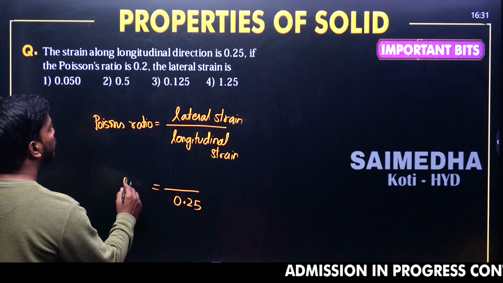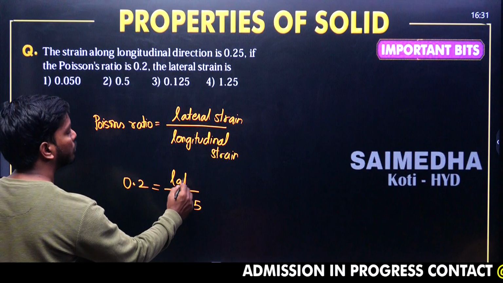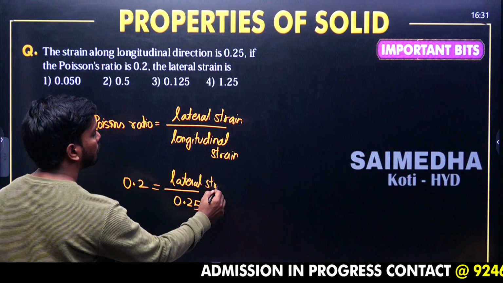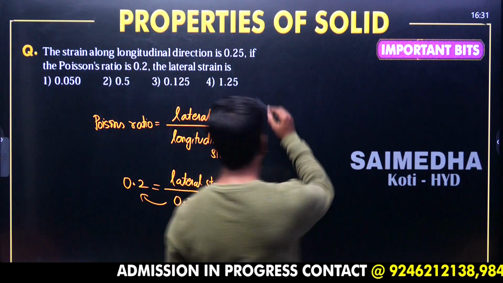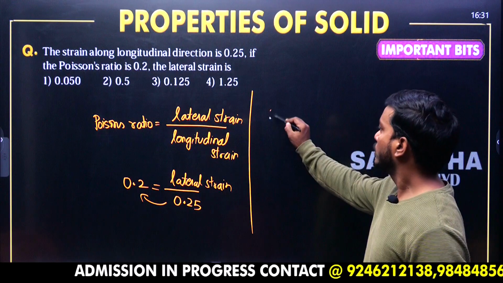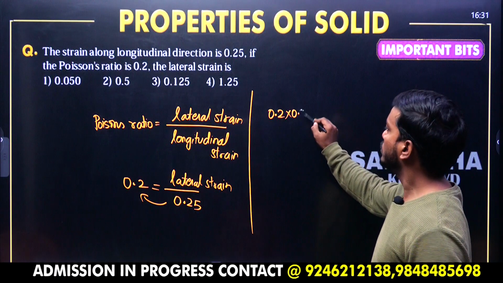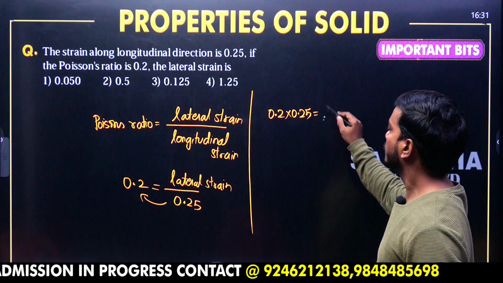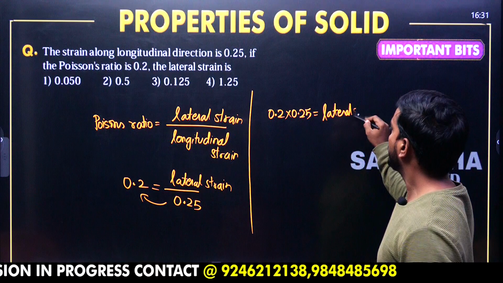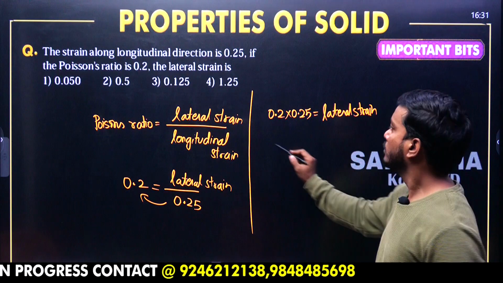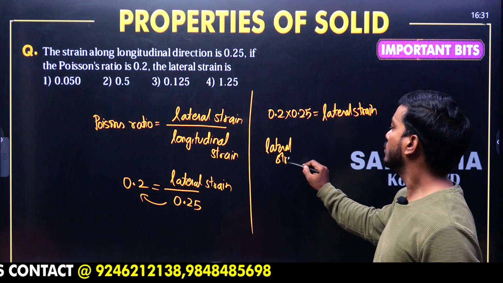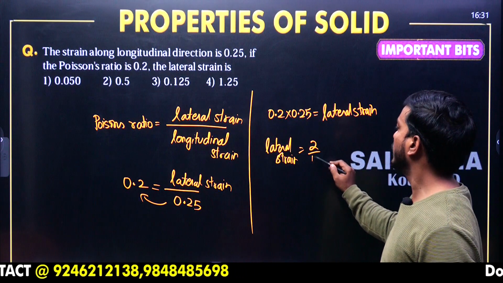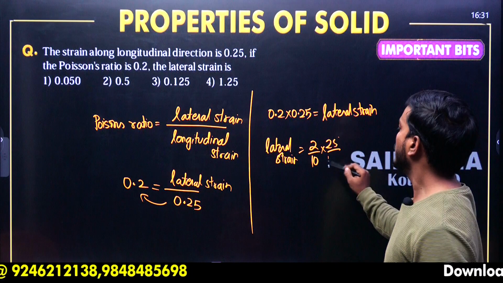If Poisson's ratio is 0.2, then lateral strain is equal to 0.25 into 0.2. That is your answer, lateral strain. You can write it like this, 2 by 10 into 25 divided by 100.